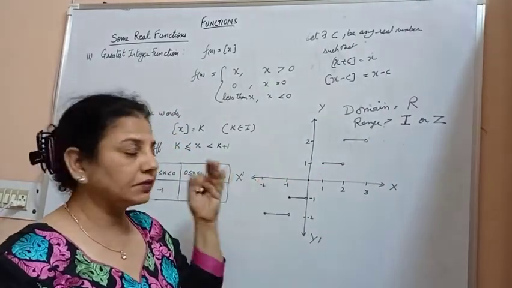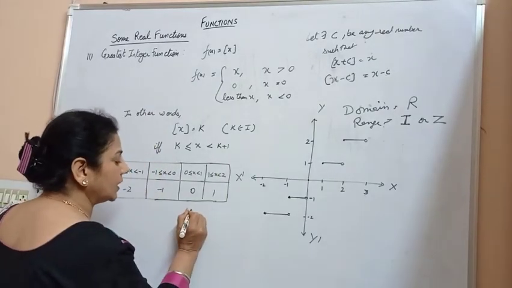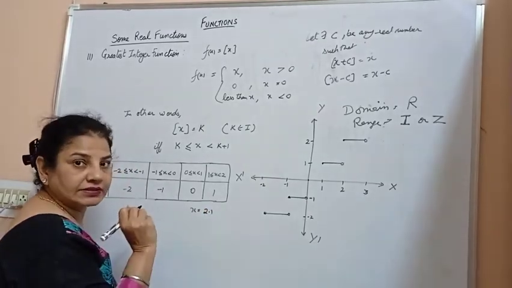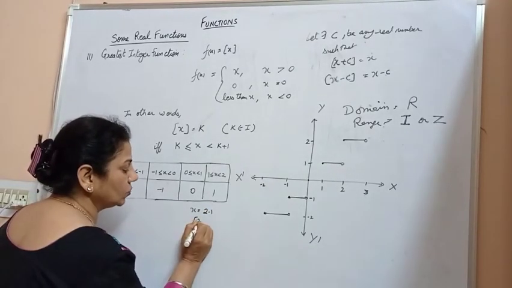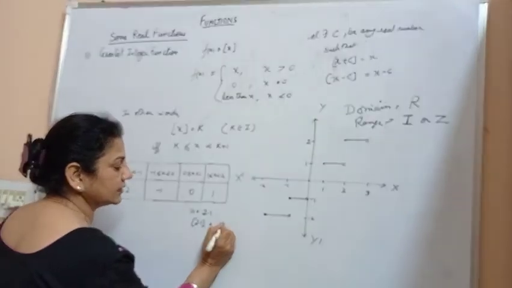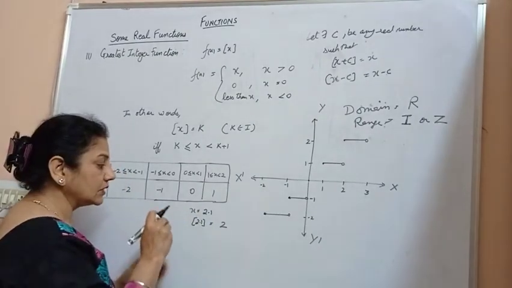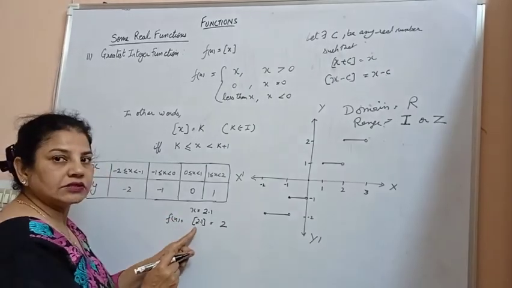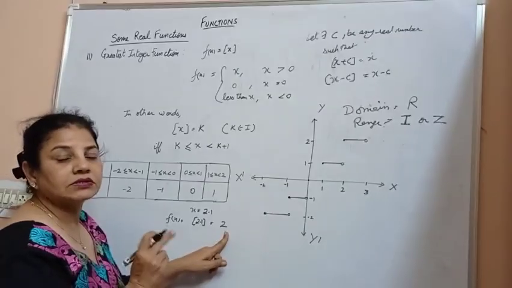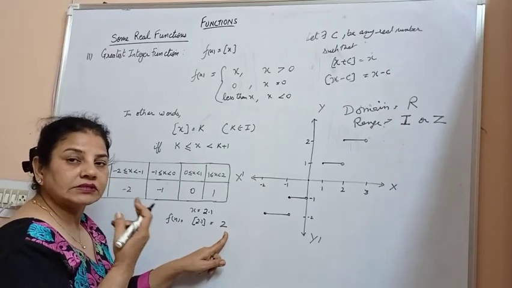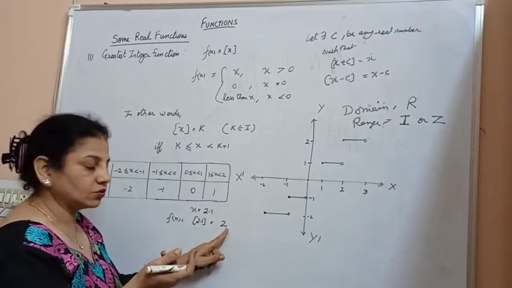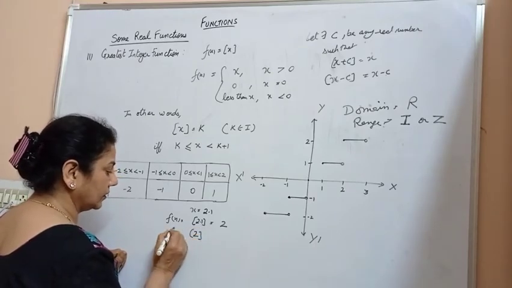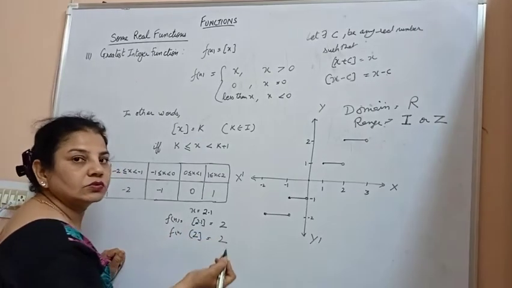To make it more clear, say x is equal to 2.1. The greatest integer of 2.1 gives the result 2 only, because our result y is always an integer. But if x is 2 only, the result is 2 only.